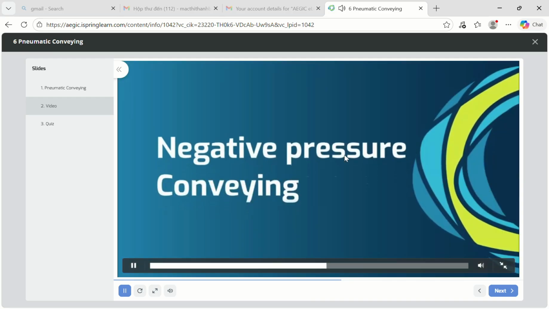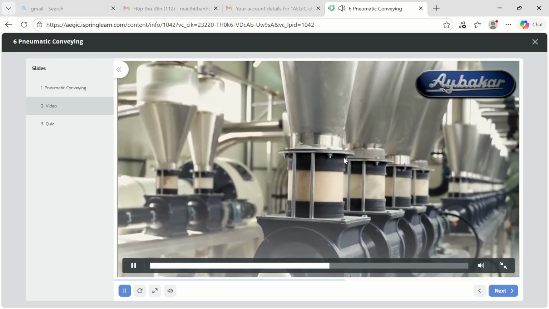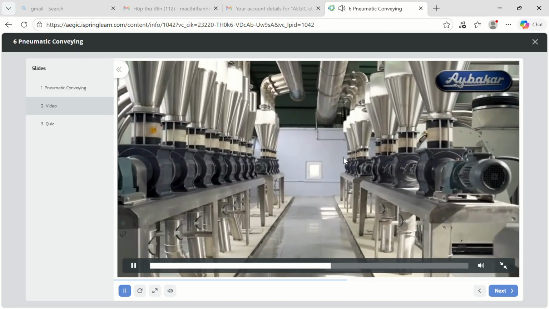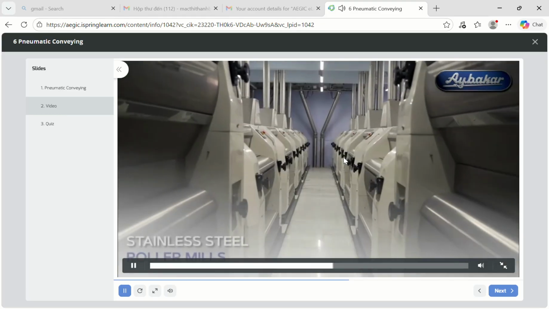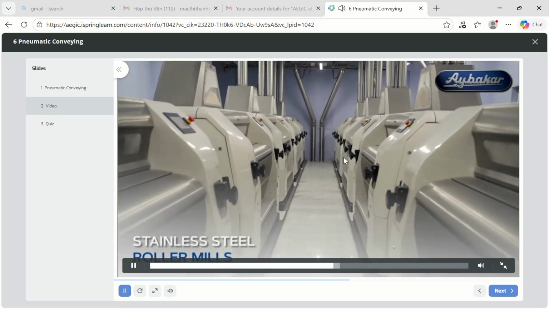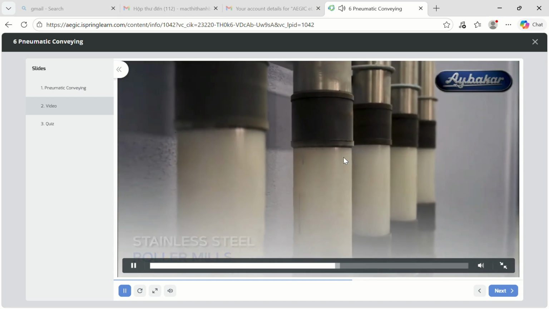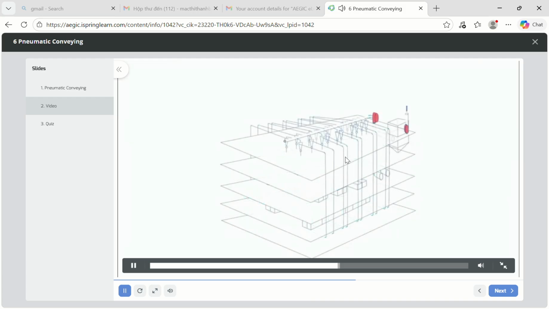Negative pressure pneumatic conveying. Another example of an exhaust system is the negative pressure pneumatic system that exhausts the air from beneath a collection of grinding machines called roller mills. This system conveys milled stocks to the top floor of the mill and has two sets of fans.